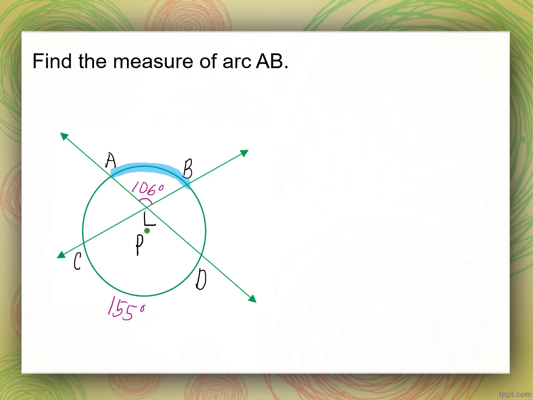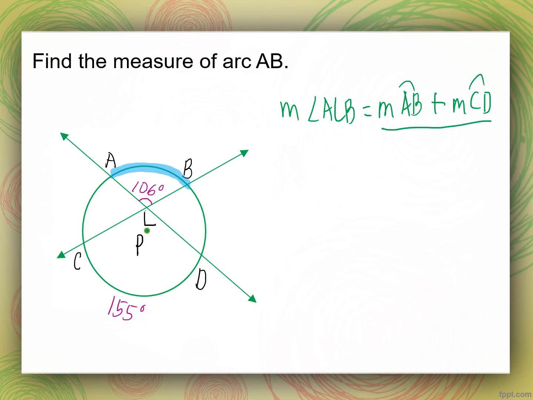Using the formula, we can write the measure of angle ALB will be equal to the sum of the measure of arc AB, the one we are looking for, plus arc CD, divided by 2.